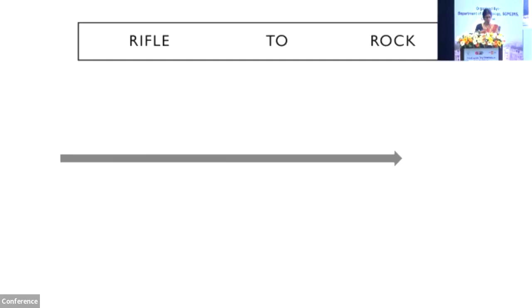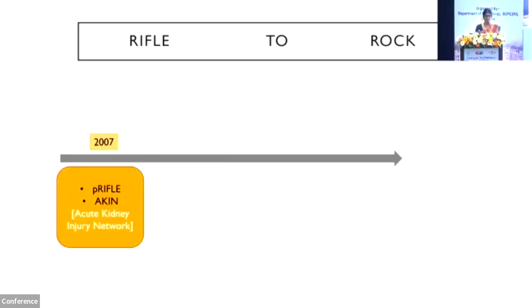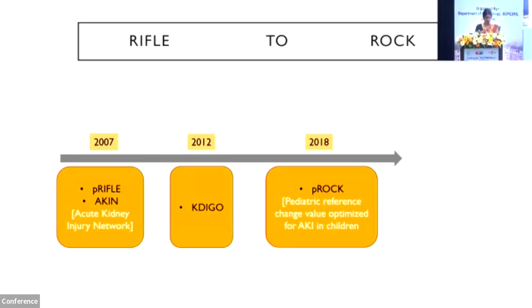The diagnosis of pediatric AKI has evolved over the years, transitioning from pediatric RIFLE criteria and AKIN criteria in 2007 to the KDIGO in 2012, and then to the PROC in 2018. The quest for improvement continues with the proposed enhanced AKI criteria currently under consideration.